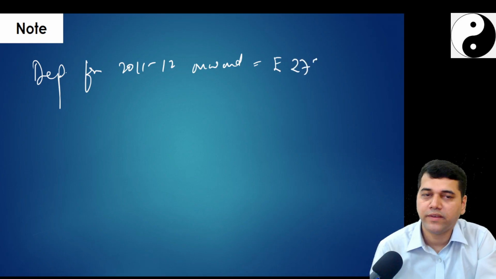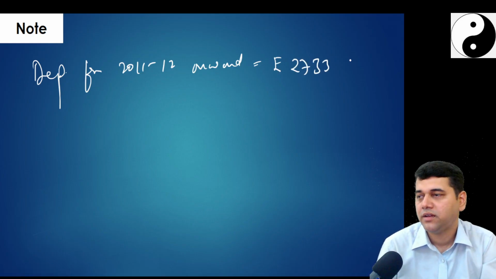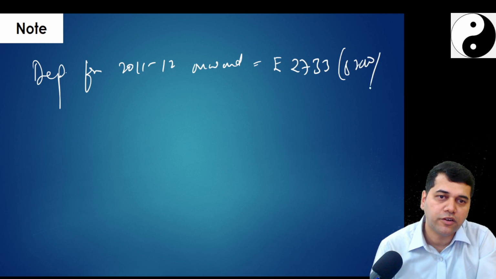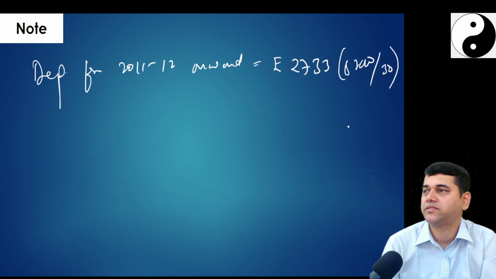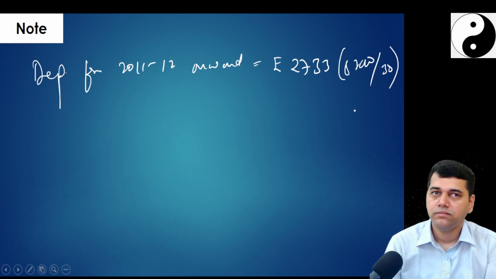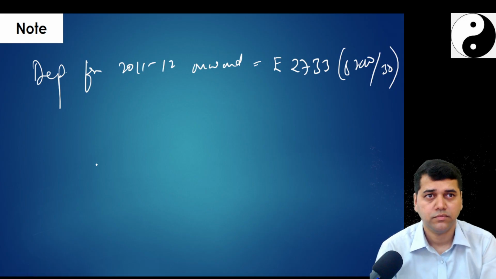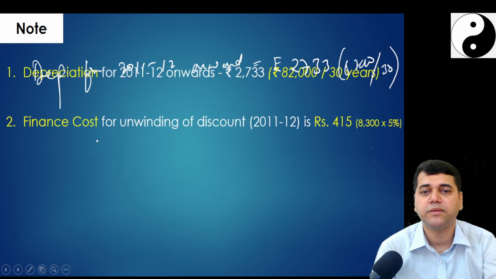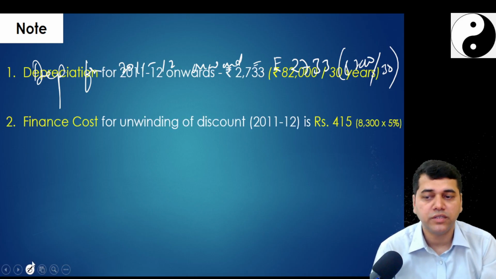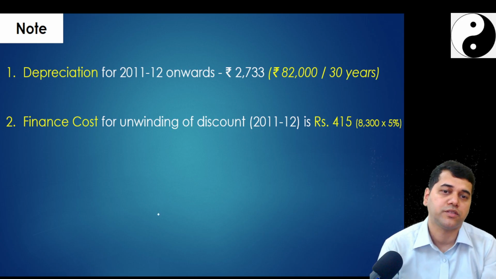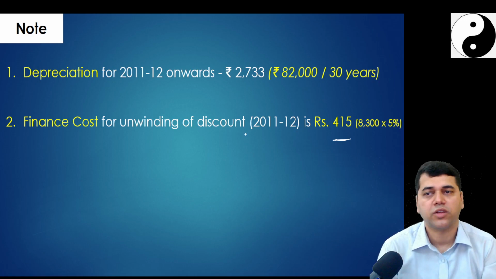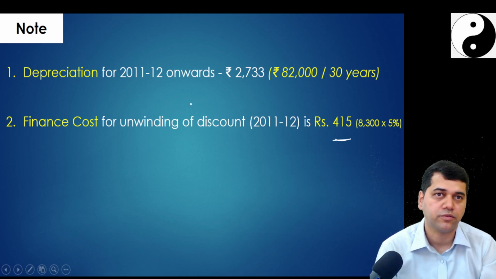Rupees 2733. How did you get? 82,000 divided by 30 years. Because liability got changed. And how much is the interest expense next year? Interest expense next year will be 8,300 into 5%, 415. Okay, this is what they have done in the study material also.